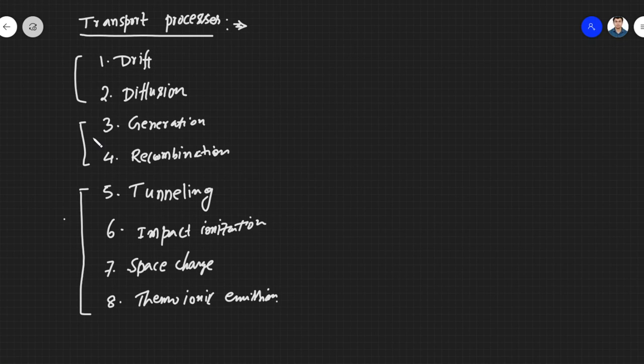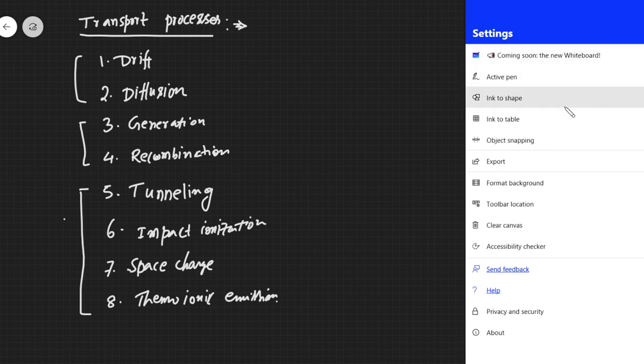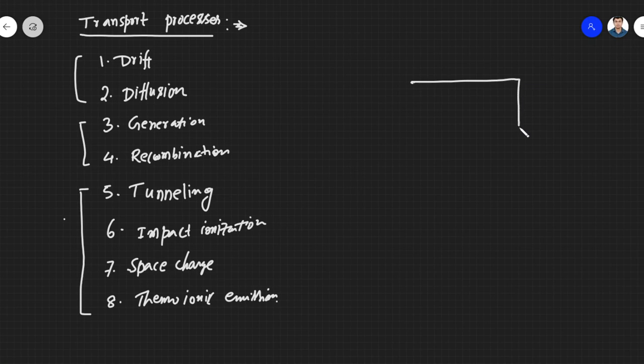At thermal equilibrium, let's draw a schematic of a semiconductor. If you take a semiconductor material, I'm just doing a two-dimensional picture. At room temperature itself, we have seen there are electrons and holes, even in an intrinsic semiconductor.